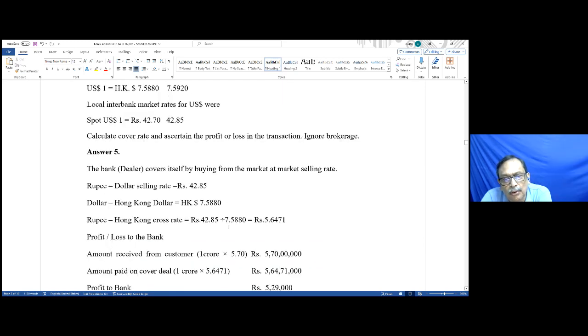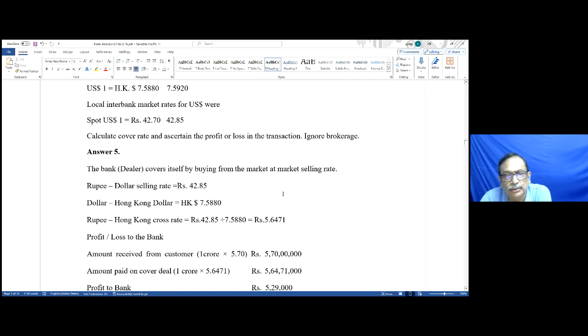Then rupee Hong Kong cross rate will be rupees 42.85 divided by Hong Kong dollar 7.5880. It comes to rupees 5.6471.